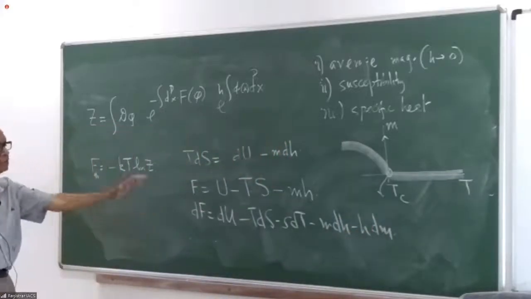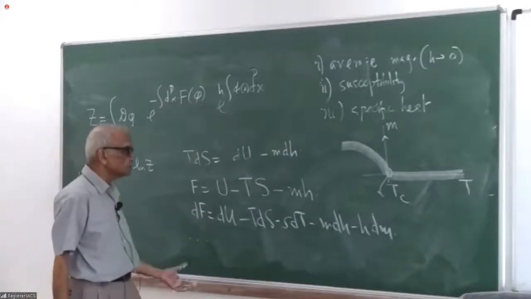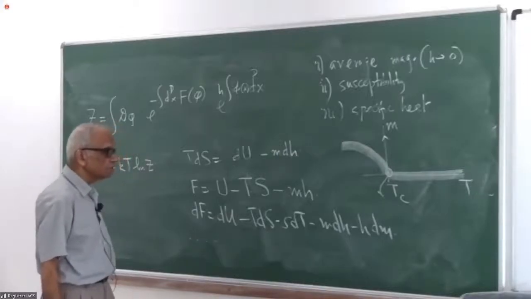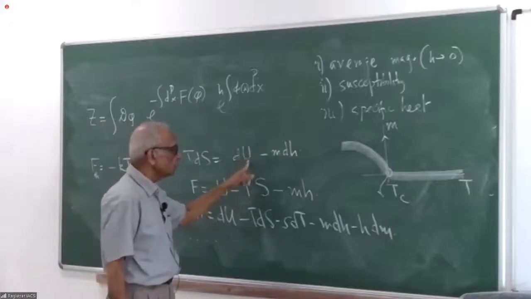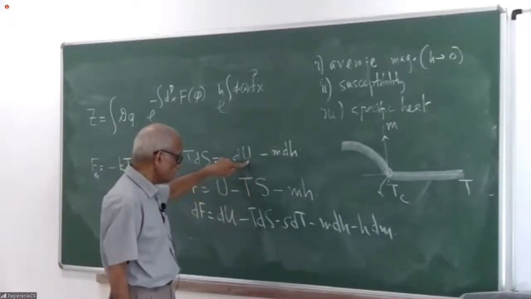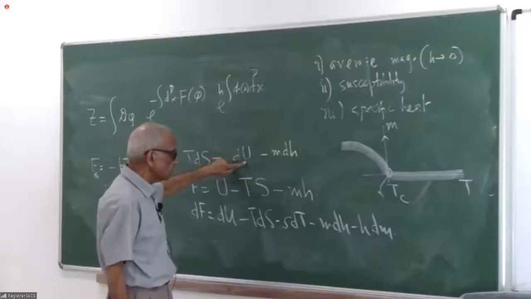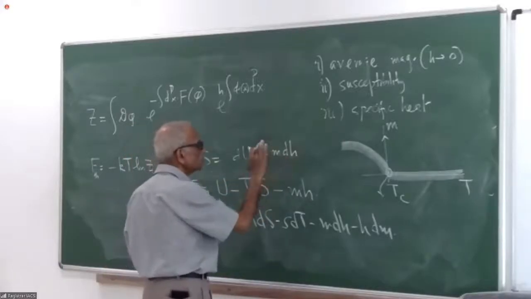So dF equal to dU minus TdS minus SdT minus this, and dU minus TdS cancels out this MdH, which is why I should have gone with TdS. Just a minute. The definition of this with H, sorry, it's a PdV. P is like the H.